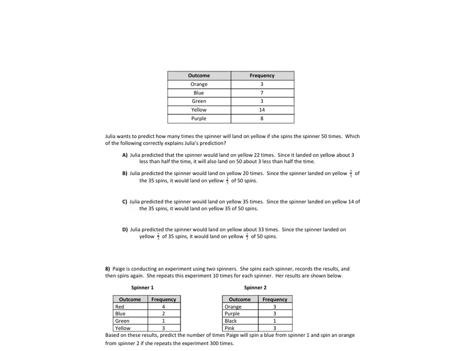Okay, so Julia wants to predict how many times the spinner will land on yellow. If she spins the spinner 50 times, which of the following predictions correctly explains Julia's? Okay, we're looking for yellow. Yellow's right here. Ooh, that didn't highlight it. So we're going to highlight yellow. Okay, and that is 14 out of 35.